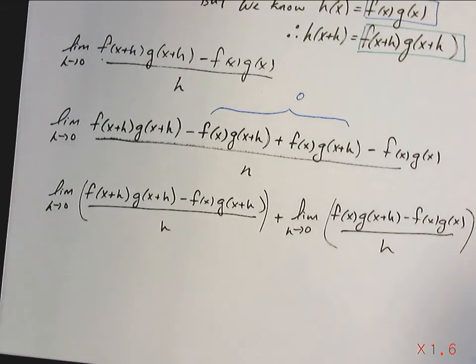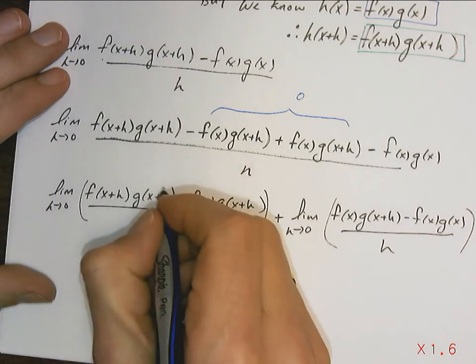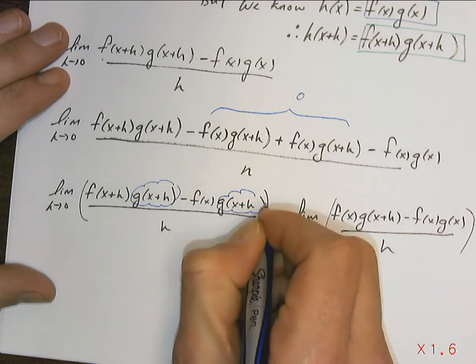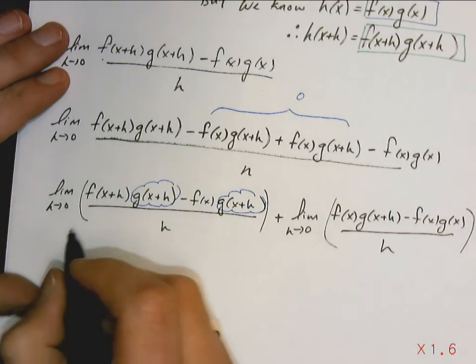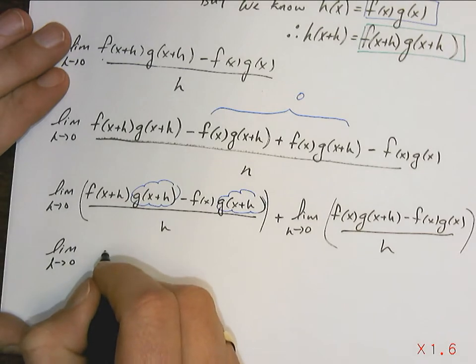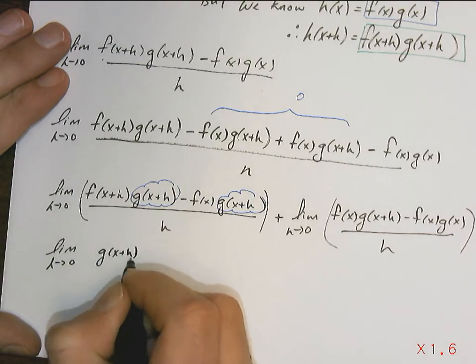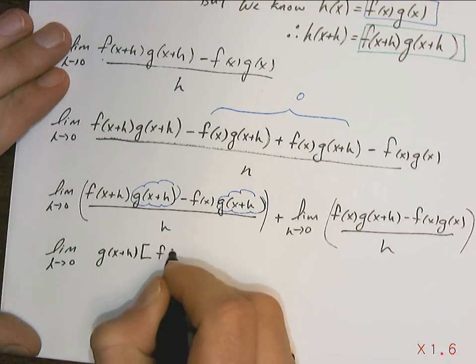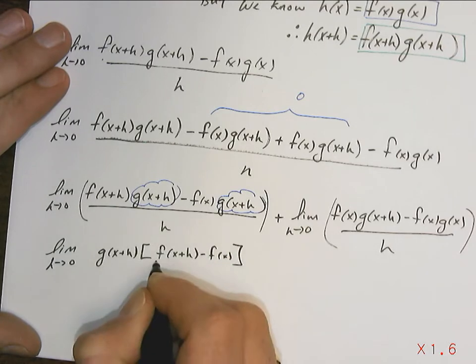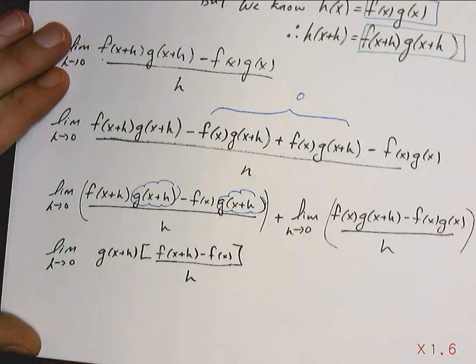But the really exciting part, the very exciting part, is do you see this? That's so exciting. I'm going to common factor it out. And that's going to leave me with a g of x plus h with an f of x plus h minus f of x all over h.